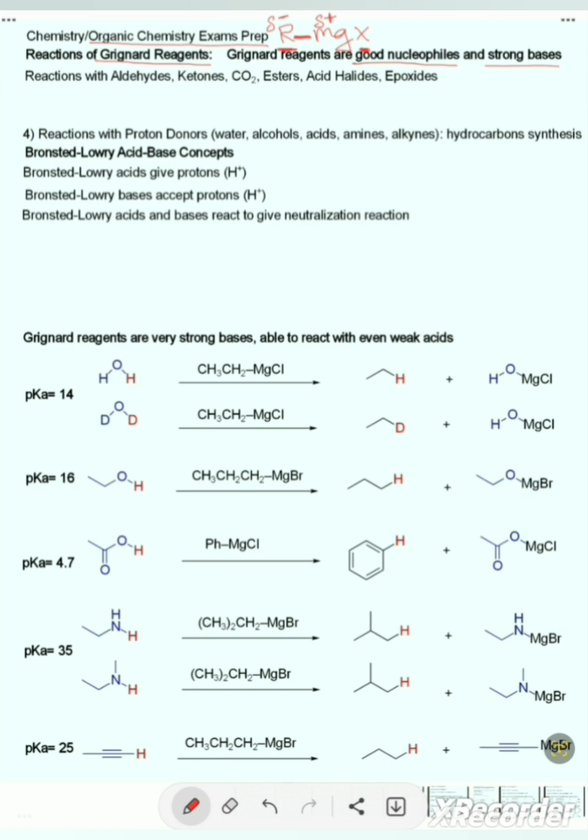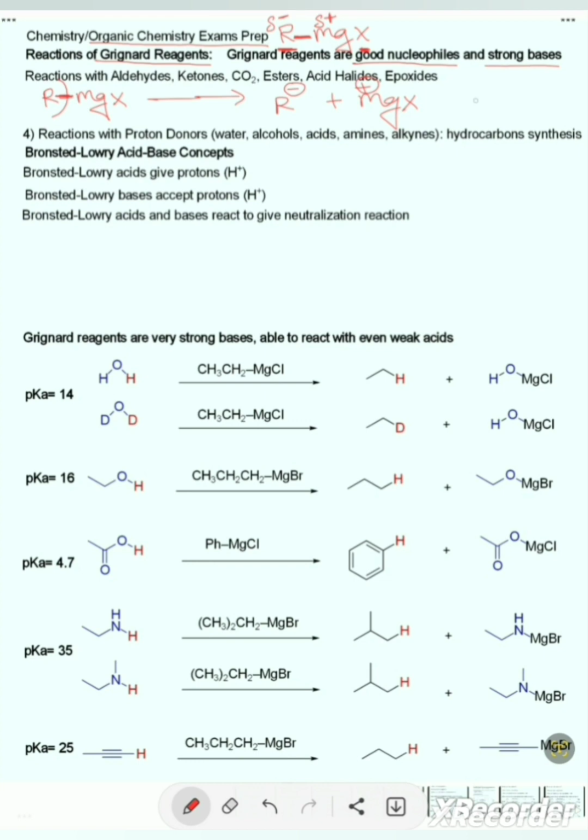So to answer that question, we need to see the structure of our Grignard reagent again. So if we break this bond heterolytically, the bond pair of electrons would go with the carbon, and you would form a carbanion plus magnesium halide cation.